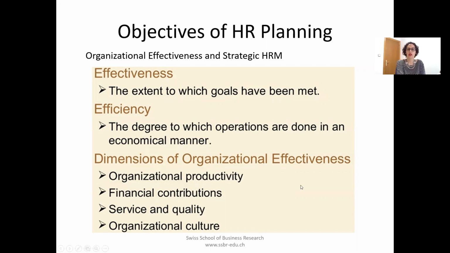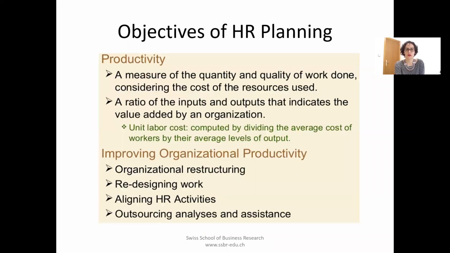So the dimensions of organizational effectiveness have to do with being productive organizationally, the financial contributions that are done, the service and quality rendered, and the organization's culture. Productivity, as you already know, is the measure of the quantity and quality of the work being done, considering the cost of the resources used.